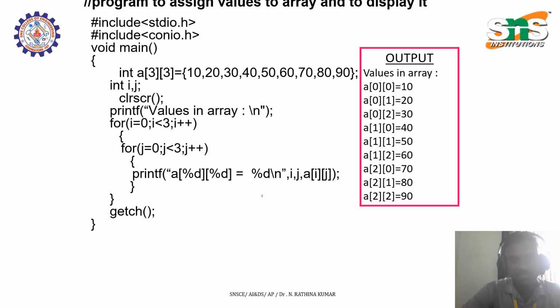If you are using a one-dimensional array, the basic for loop is enough to read the values from that array and display them. Here we are using a matrix format, so rows and columns. For a two-dimensional array, we need a nested for loop.